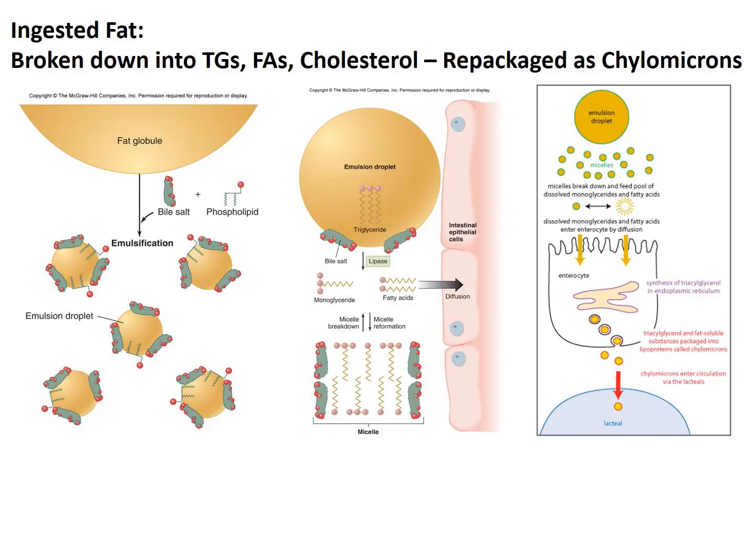Okay, so fat starts with the diet. Eat a fatty meal, break it down into the smaller fats, cholesterol, fatty acids, triglycerides, absorb it, and then the intestinal cells reassemble it into chylomicrons, and then those chylomicrons are sent to the liver.